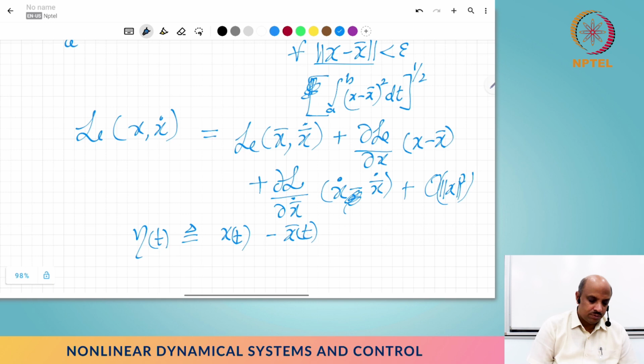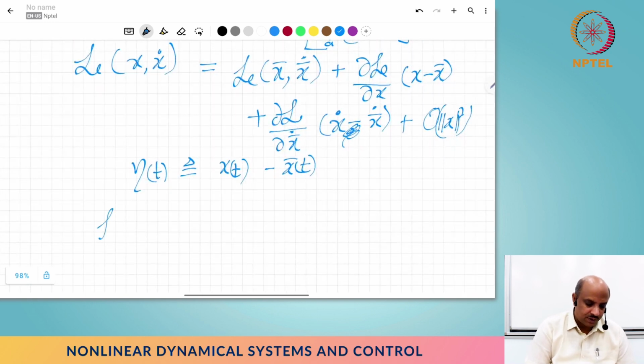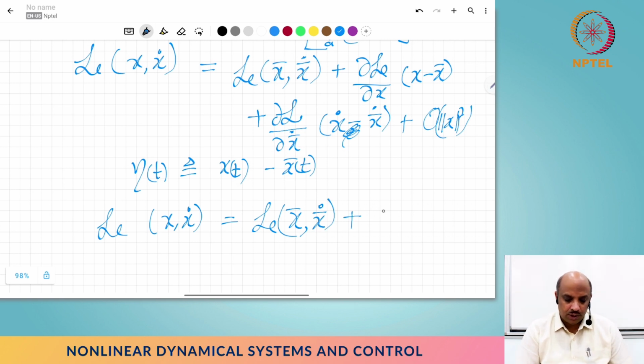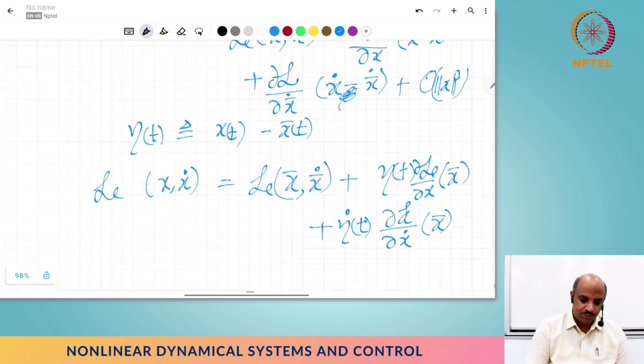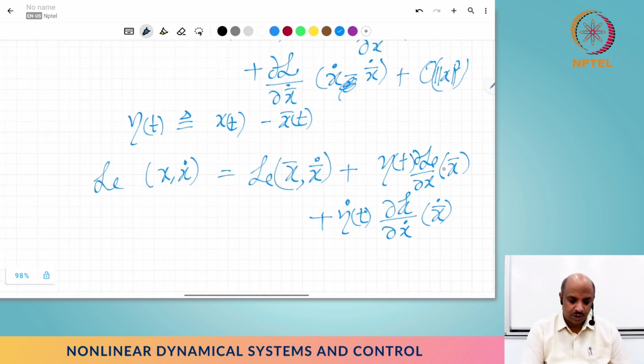Therefore L of x comma x dot is basically L of x bar comma x bar dot plus eta of t times partial of L with respect to x plus eta dot of t times partial of L with respect to x dot, both evaluated at x bar and x bar dot.